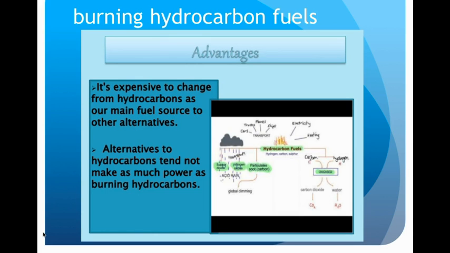And those other alternatives tend not to make as much power as burning hydrocarbons. What are some of those other alternatives? Solar energy, wind energy, the use of ethanol as a part of our hydrocarbon fuels.